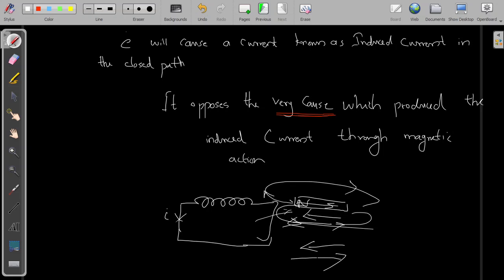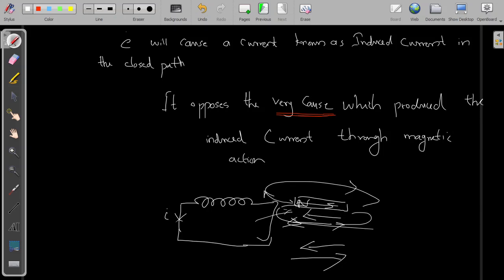In order to have a force, this current carrying conductor should act as a magnet such that it should have north pole and south pole in such a manner as to oppose the motion of this bar magnet, the external bar magnet.